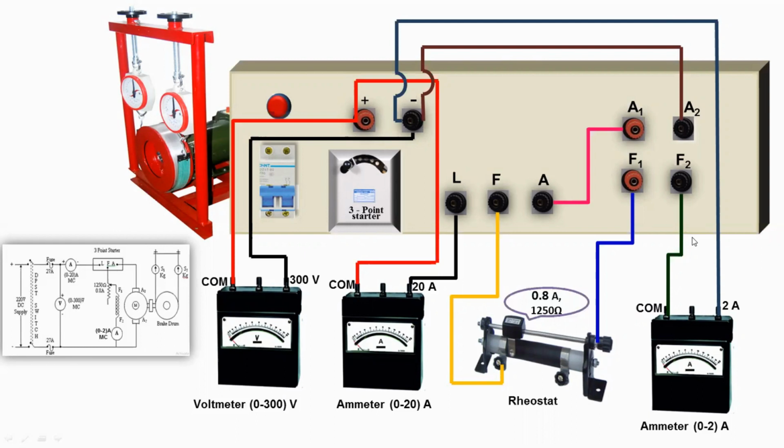Then start the motor starter, the 3-point starter, slowly from left side to right side. Now the motor rotates. Now take the readings. Then increasing the loads in steps, also measure the readings.